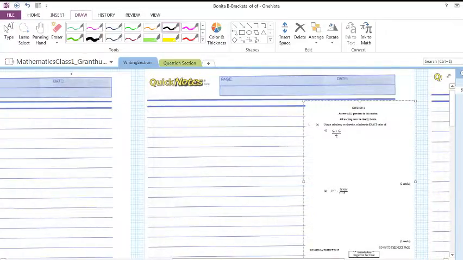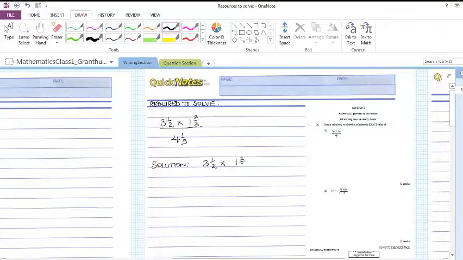So this is 3.5 multiplied by 1 2/3 divided by 4 1/5. Now we are required to solve that. Now this is your solution. For your solution, you write back the very same sum that you were given, which is 3.5 multiplied by 1 2/3 all over 4 1/5.